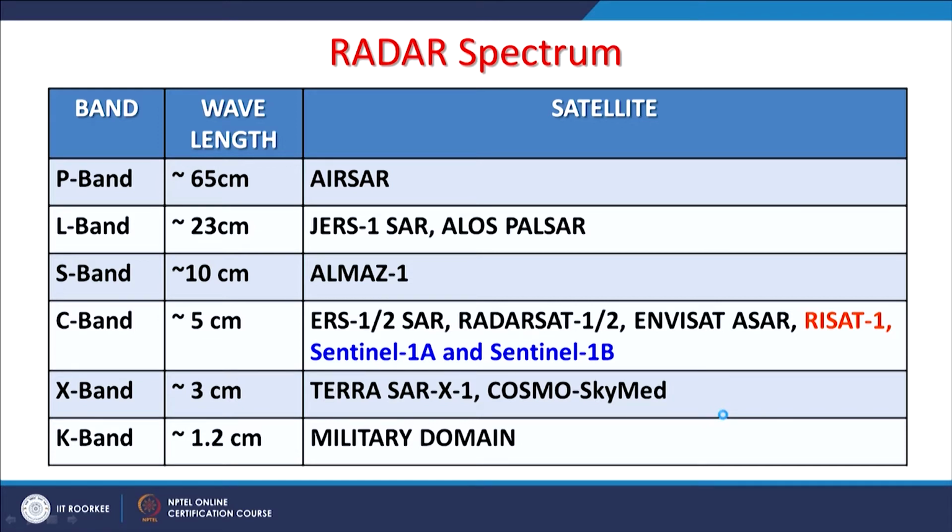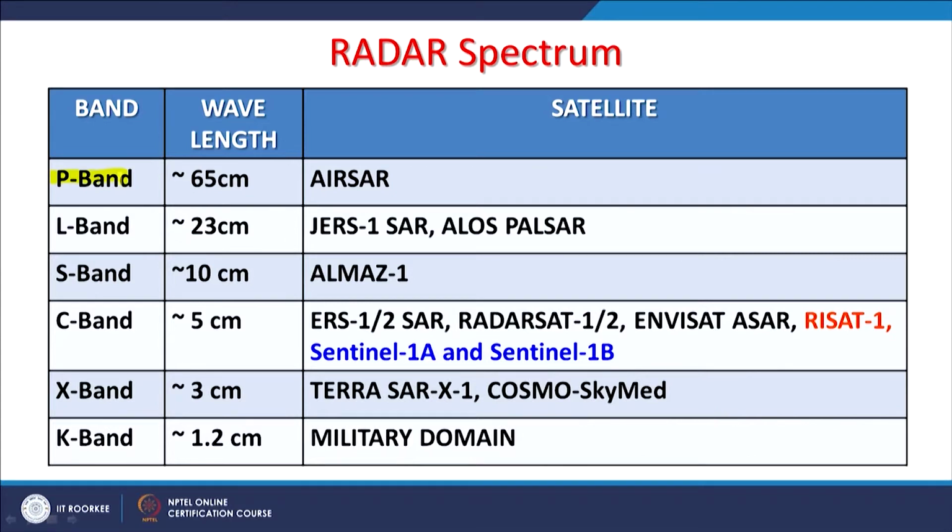Let us see the different bands and how they are associated with different sensors on board different satellites. In this table we will go one by one. The P band is a part of the microwave spectrum between 1 centimeter and 1 meter, and here it is located roughly near 65 centimeter. There is a satellite called ASR.